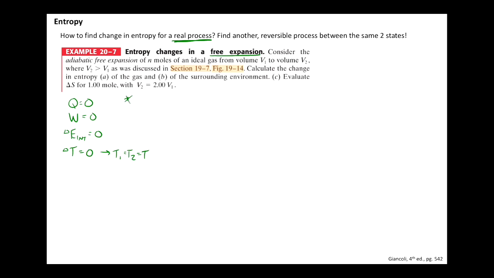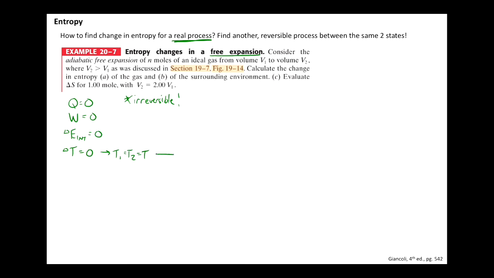This is an irreversible process. But all we need to do is look at the same starting state and ending state. Notice it says that we have the case where it's going from volume 1 to volume 2, and volume 2 is larger. It's expanding. We just need to find something that matches these conditions again and just use what we know about that particular process instead.